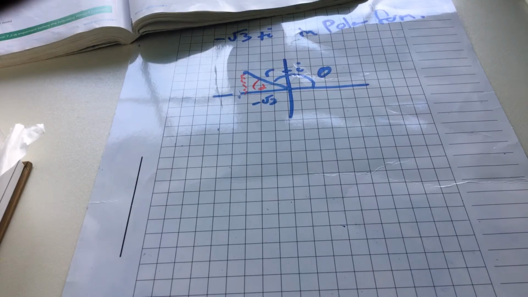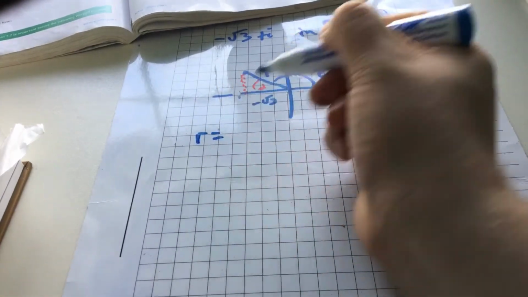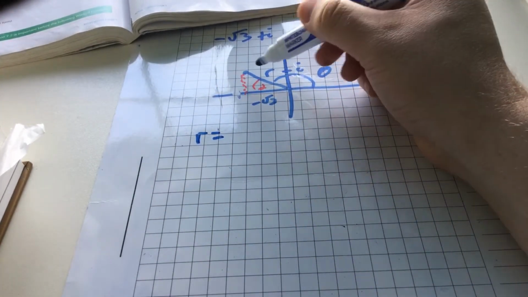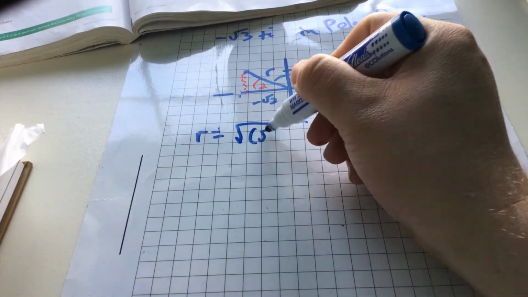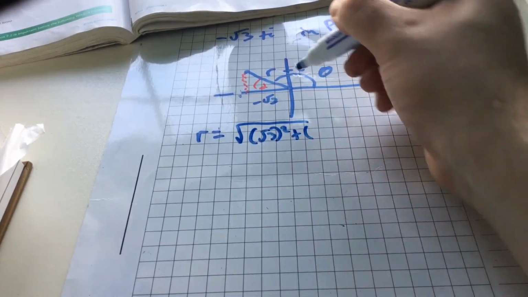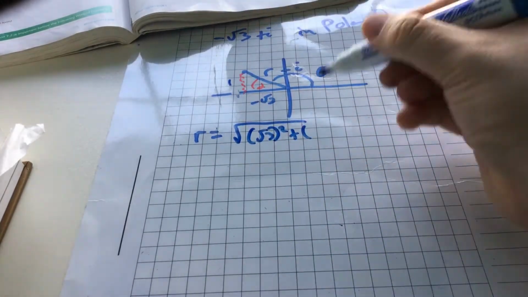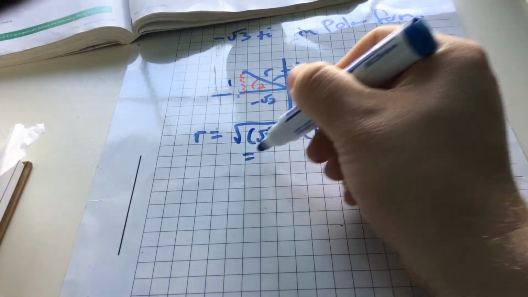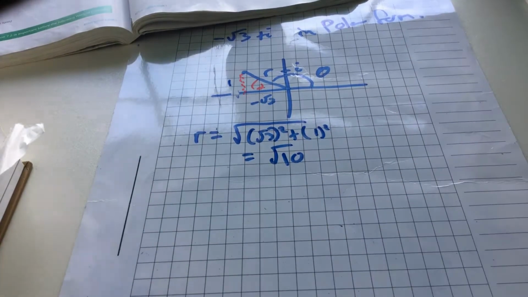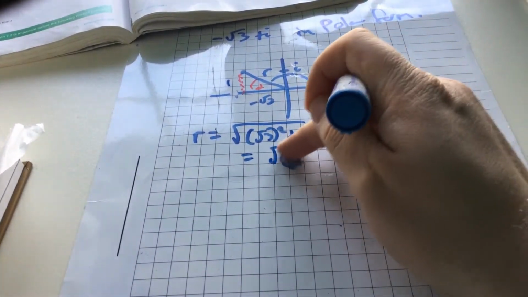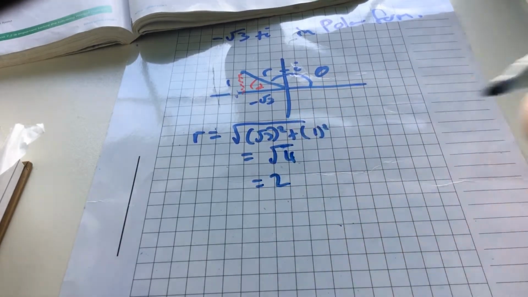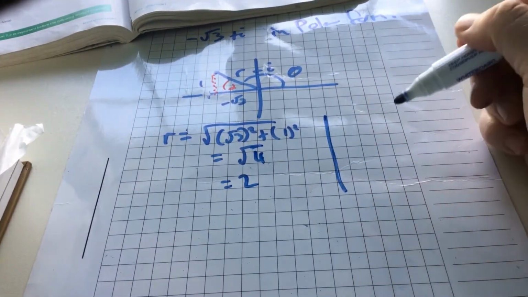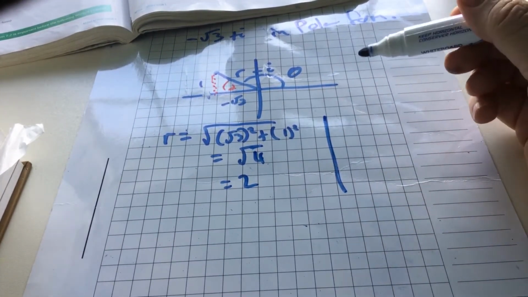The first thing, r is the modulus here. It's using Pythagoras' theorem. It's the square root of root 3 squared plus, and this is a distance of 1, squared. So that is root 4, which is 2. Next, find the argument.